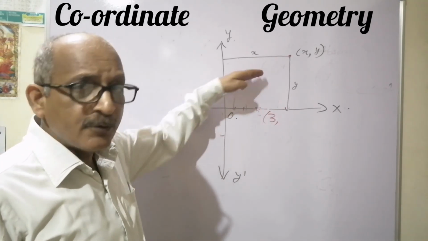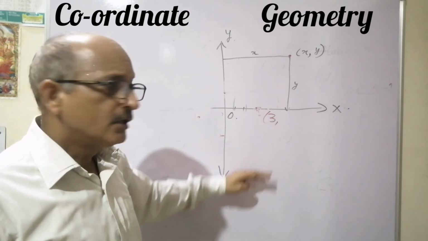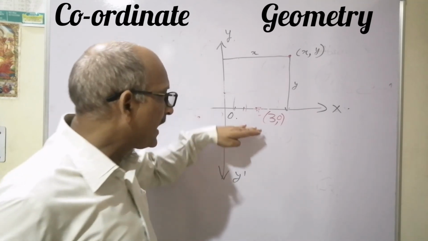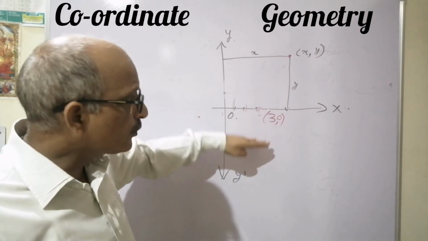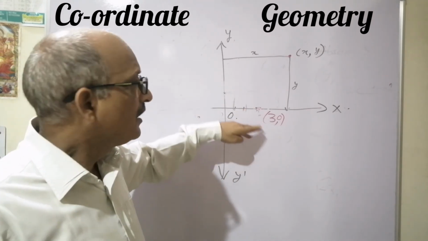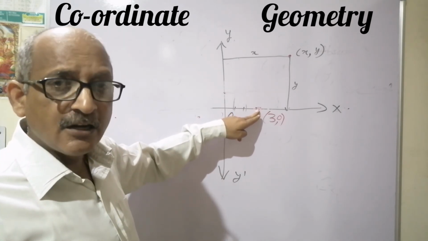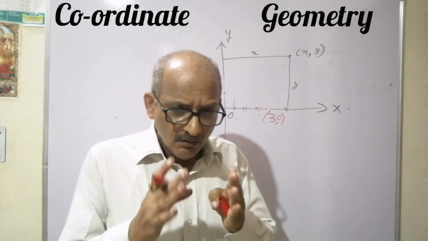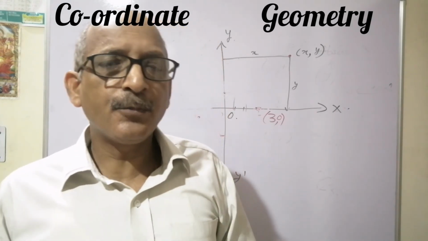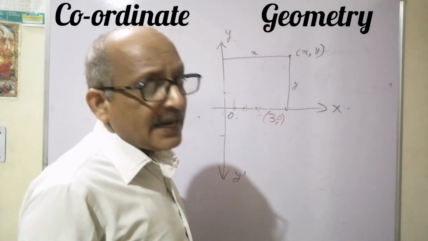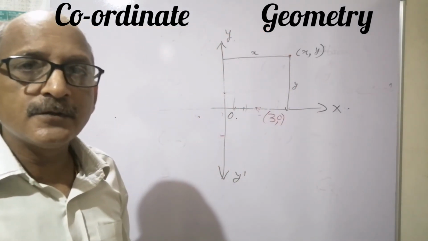But it is neither above nor below the axis, so its y coordinate will be 0. Above the x-axis y is positive, below the x-axis y is negative. But this point is lying on the x-axis, so its coordinate will be (3, 0). In other words, on the x-axis every point is of the form (x, 0). On the y-axis every point will be of the form (0, y).